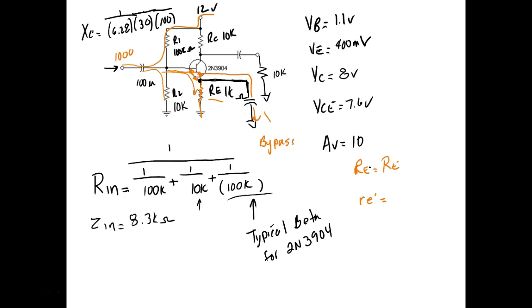Yeah, so what would IE be equal to? 400 millivolts divided by 1K. 400 microamps, right?